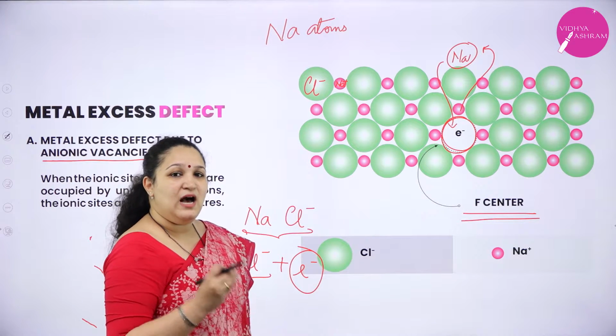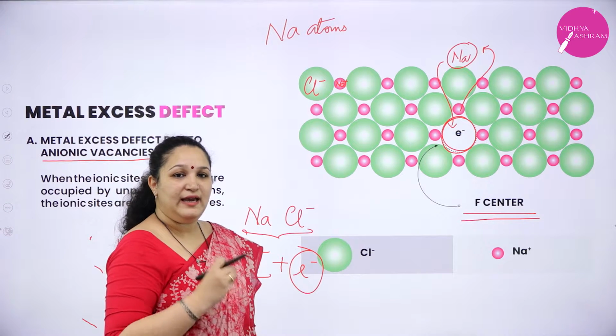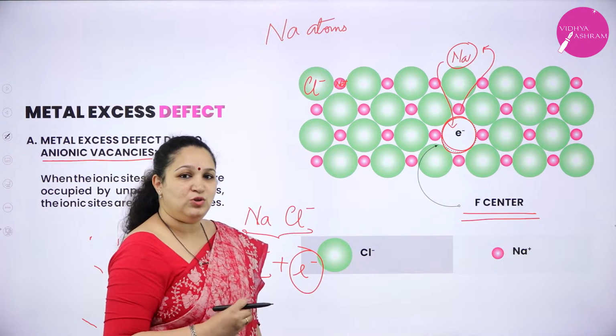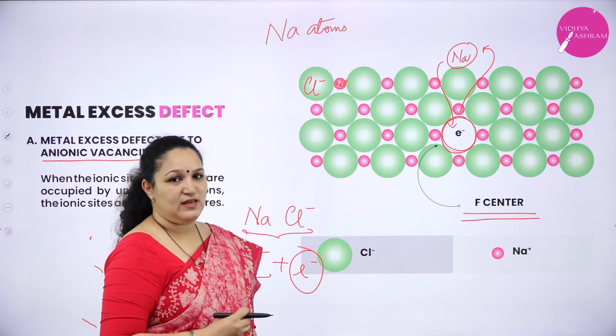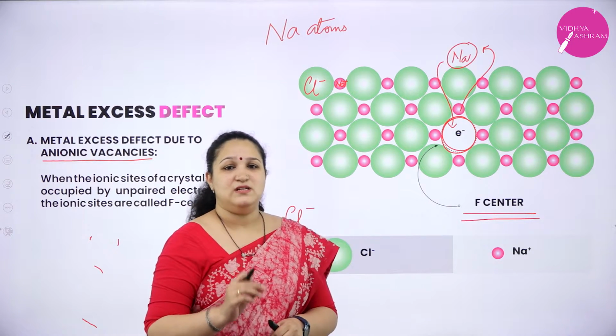Anionic vacancies are occupied by the unpaired electron in metal excess defect due to anionic vacancy. Such centers are called F centers.